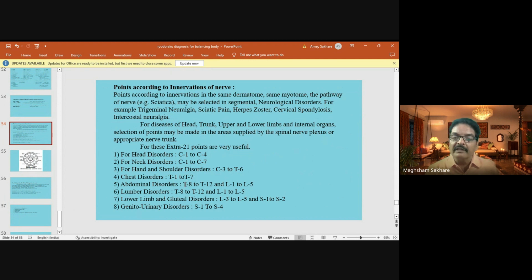Abdomen disorder, T8 to T12, and L1 to L5 for lower abdomen. Lumbar disorder, T8 to T12 and L1 to L5. Lower limb and gluteal disorder, L3 to L5, S1 to S2. Genitourinary disorder, S1 to S4.